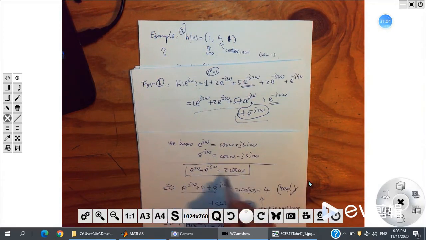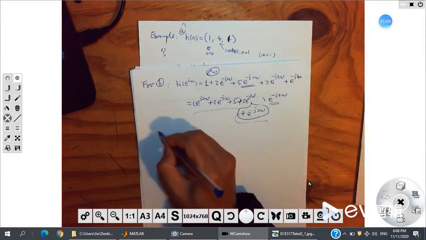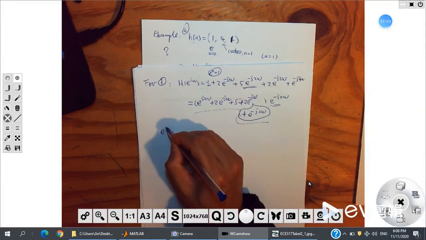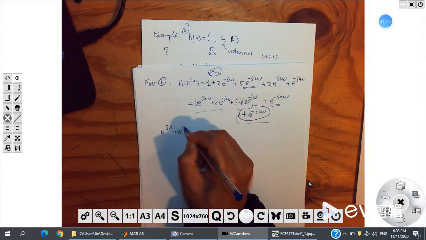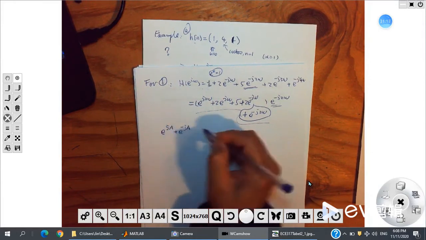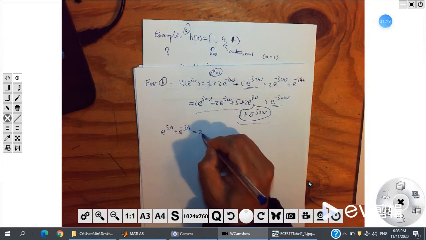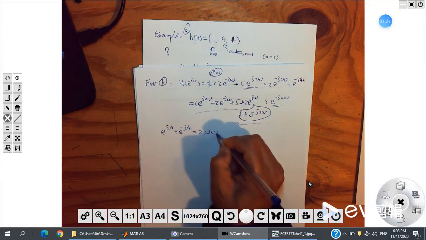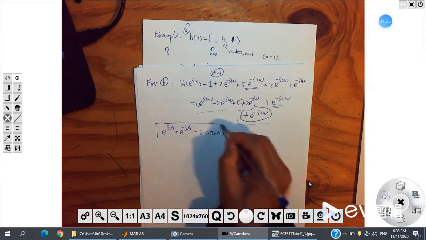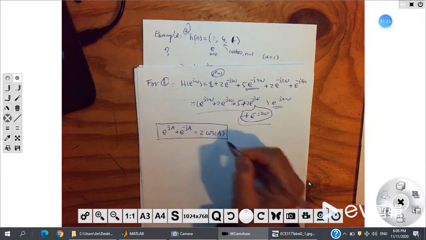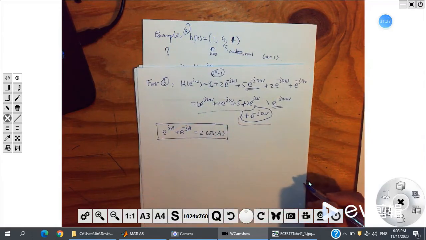For this one, we can have more generally e to the ja plus e to the negative ja. This one will be 2 cosine of a. We always have this.